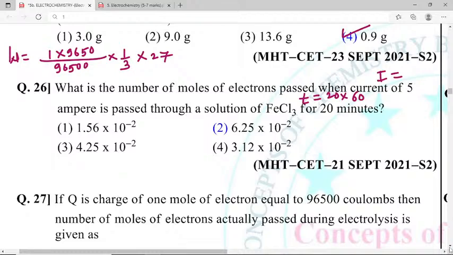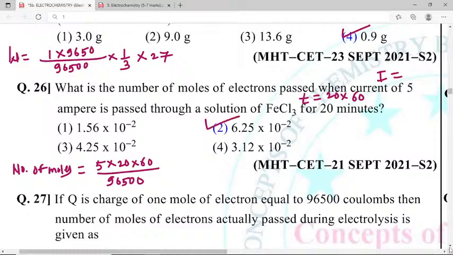Number of moles is equal to current 5 ampere multiplied by time in seconds, 20 multiplied by 60, this whole divided by 96500 coulombs. If you solve this, we'll get the answer 6.25 x 10 to power minus 2.